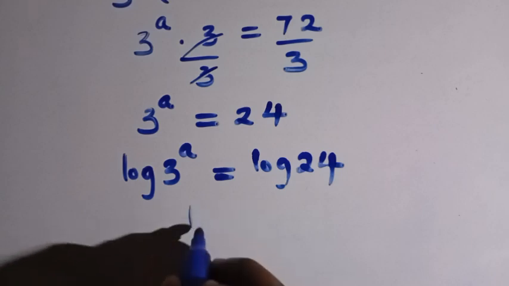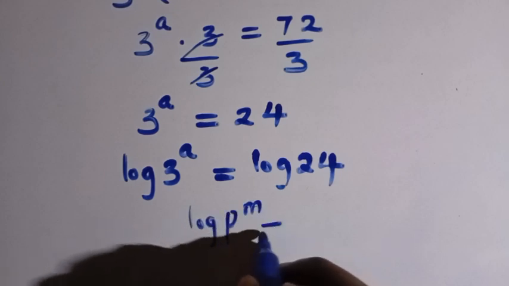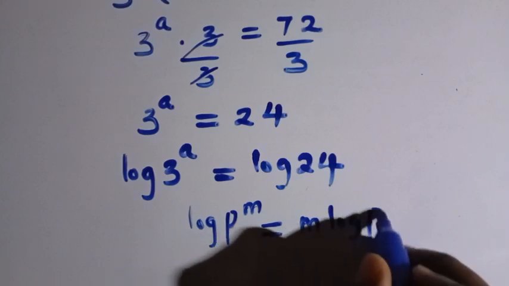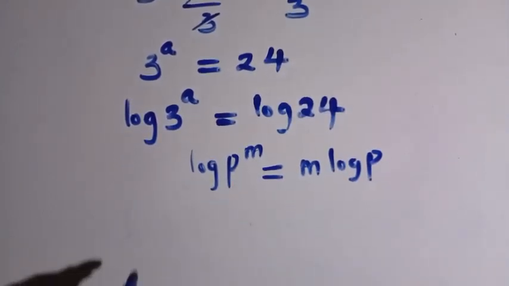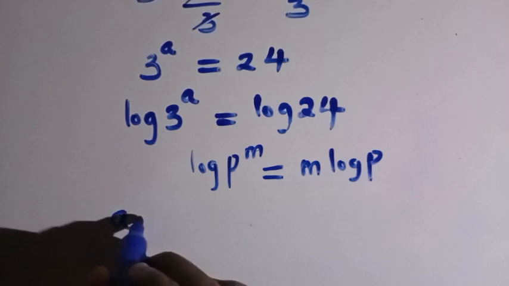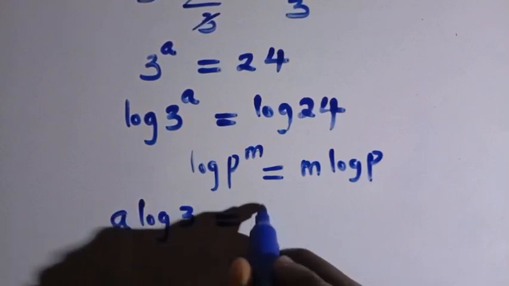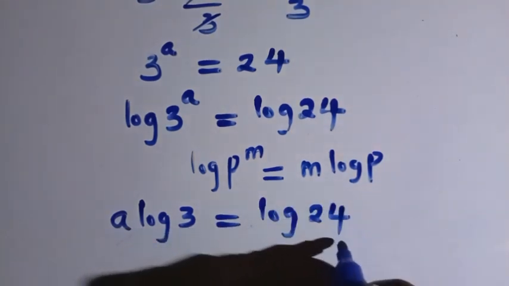Let's say we have log p raised to power of m, this equals m log p. So applying this rule here, it becomes a log 3 equals log 24.